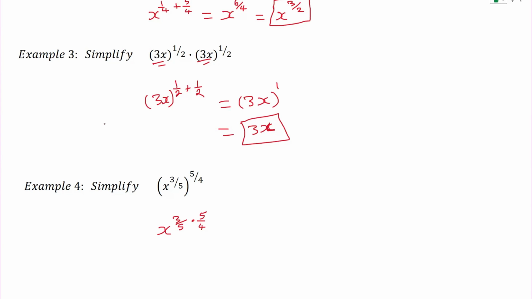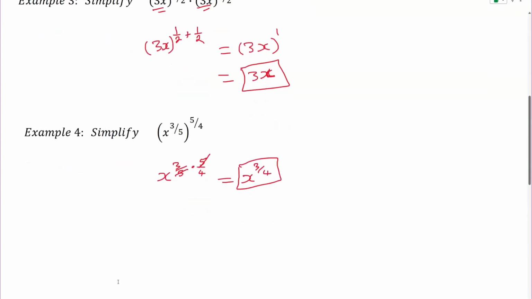So when you multiply here, the 5s will cancel each other, right? And so what you have is x raised to the 3/4 power. And so that would be the answer, right? Because the 5s could cancel. If you want, you could multiply 3 times 5 is 15, and 5 times 4 is 20, end up with x raised to the 15 over 20. And then when you reduce that, dividing top and bottom by 5, you get 3/4 just the same.